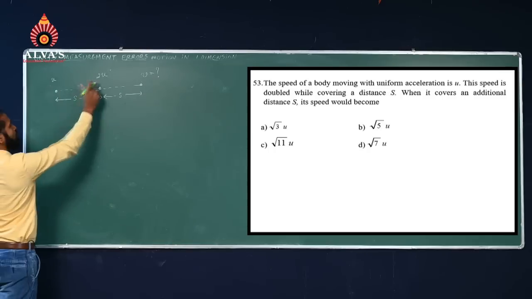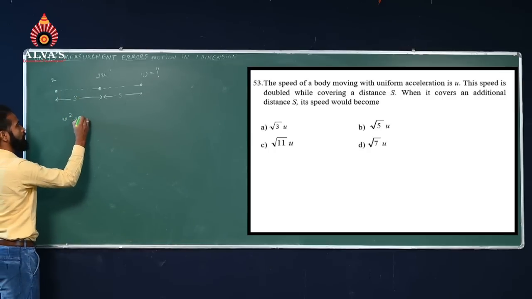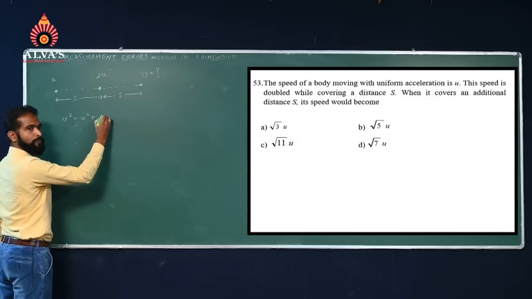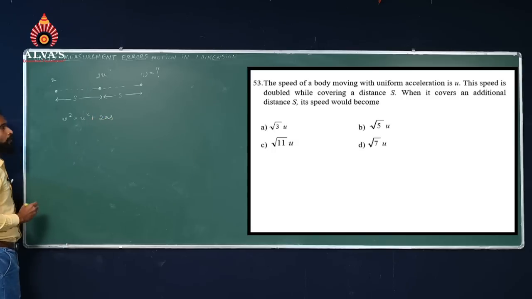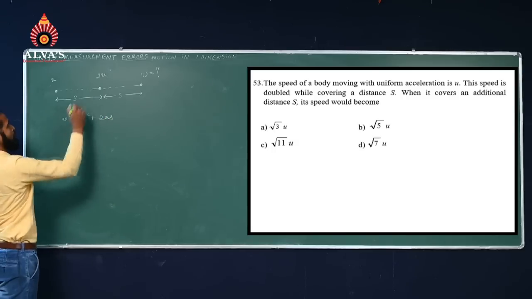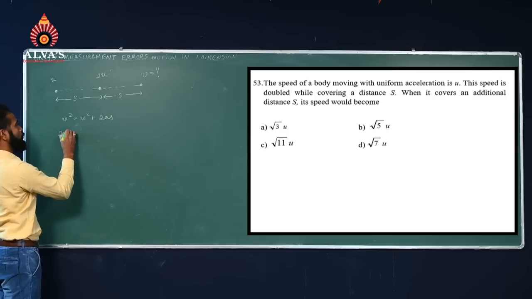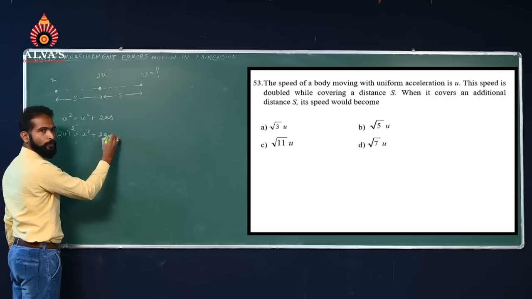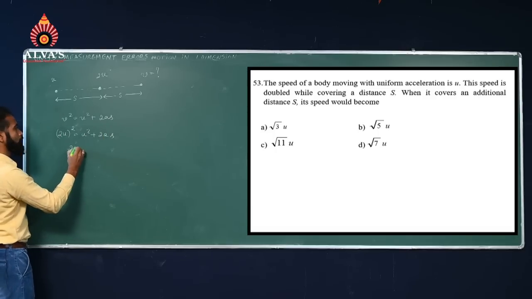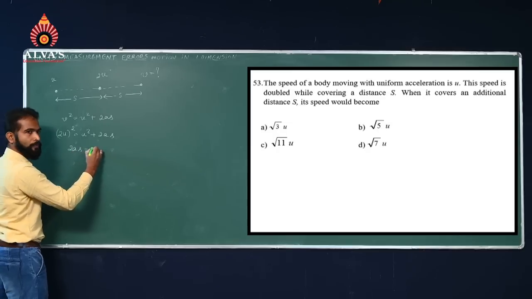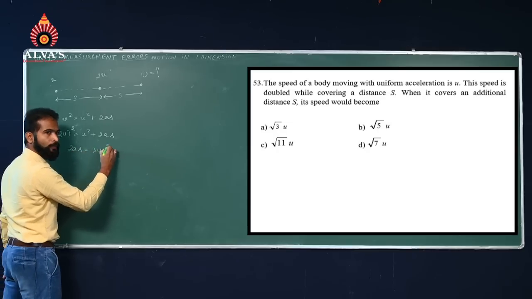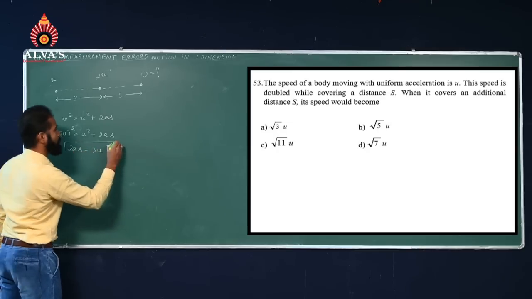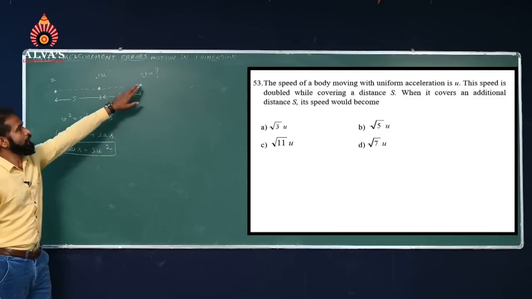So look at the first part. We'll use the formula v square is equal to u square plus 2a into s. Here the final velocity for the first part is 2u, so (2u) square is equal to u square plus 2a into s, or 2a into s becomes equal to 3u square. For the next part, the final velocity is v.